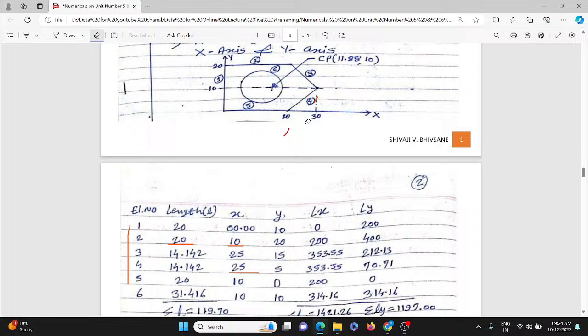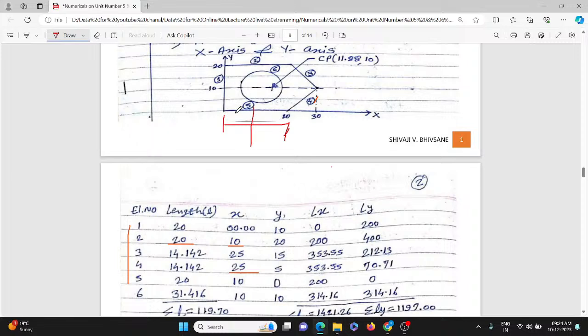So go to the next element, that is element number 5. You can see here which one is element number 5, this one. We have to calculate the center of pressure of this element. The total length of this element is 20, so the center of pressure will be somewhere here in the middle.